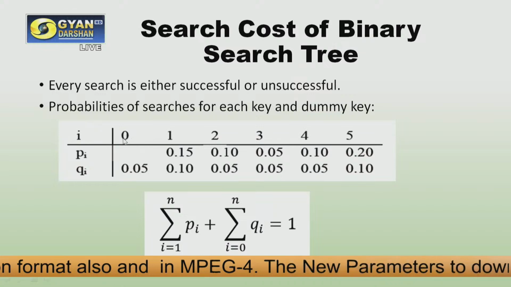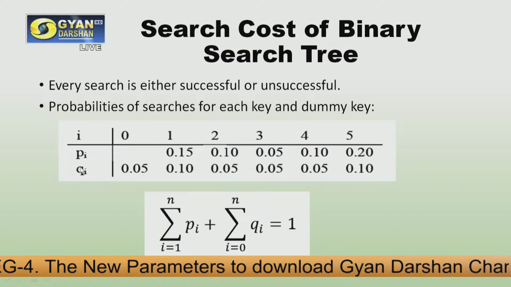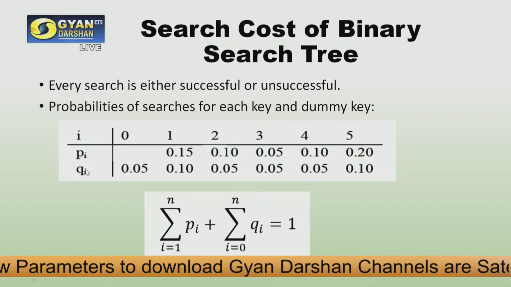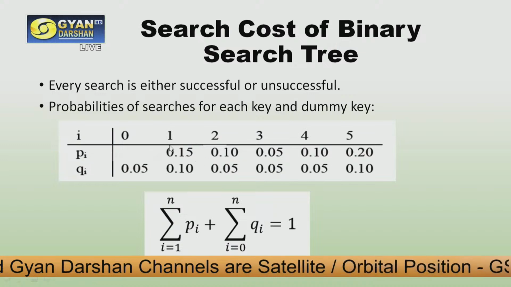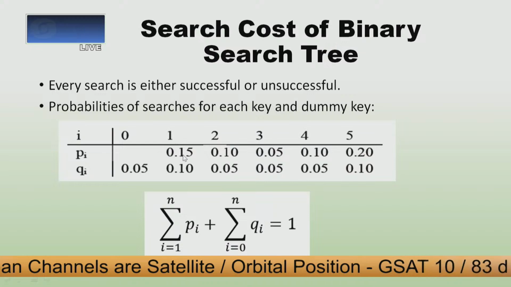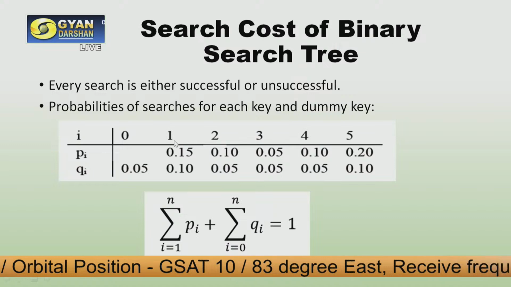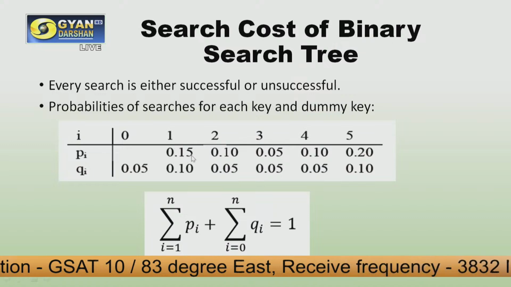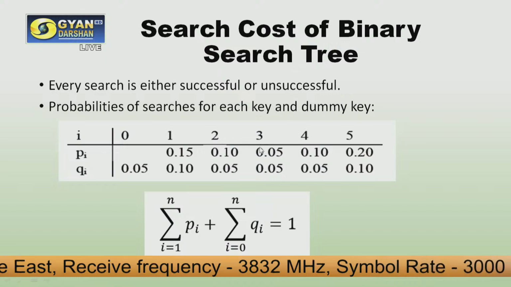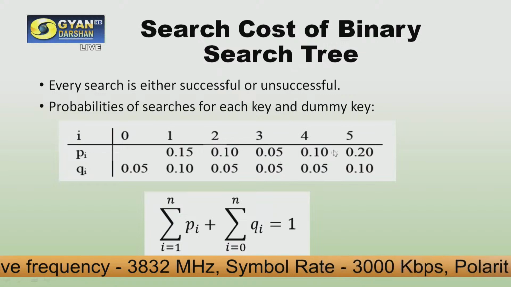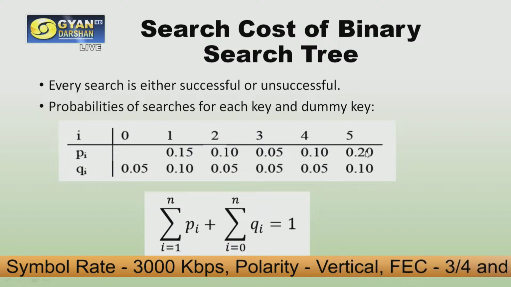Qi are the failure probabilities and Pi are the success probabilities. Suppose we are able to locate node 1, the probability of search to node 1 can be 0.15. This is 0.10 for node 2. For node 3 it is 0.05. And node 5 being the most popular, let's say the probability is 0.2.